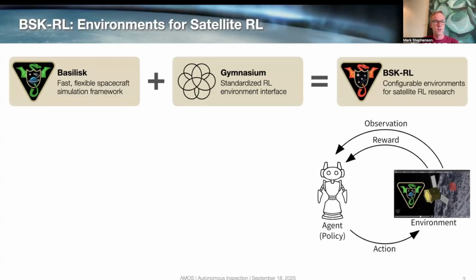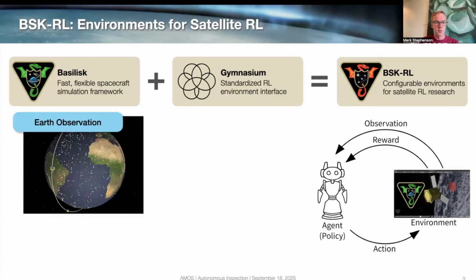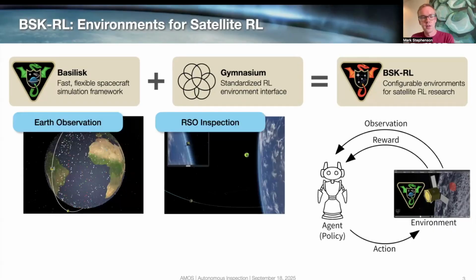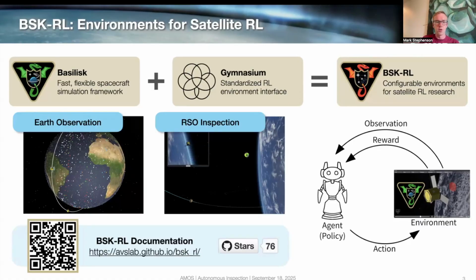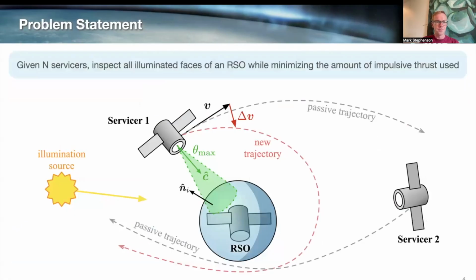So we get all the configurability of Basilisk and the standardized API of Gymnasium. Using the software, we've done research for Earth observation, and as I'll be showing today, this RSO inspection task. It's completely open source, so I do recommend anyone who's interested in this type of problem to check out this work or my colleague Daniel's presentation later in this conference.